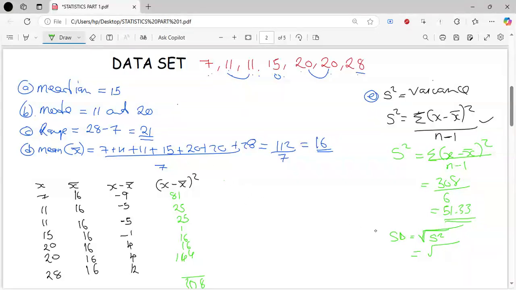So we will write 51.33 like that. The root of that will give us 7.165. So this is our standard deviation. So this is how we find the standard deviation.